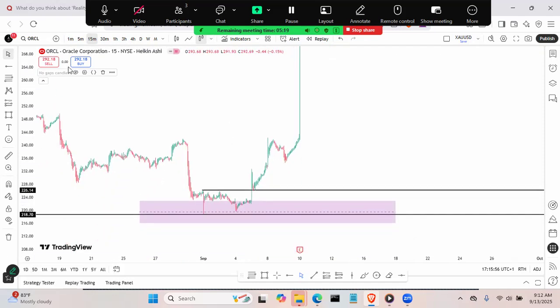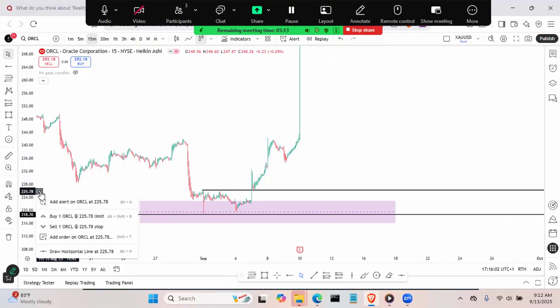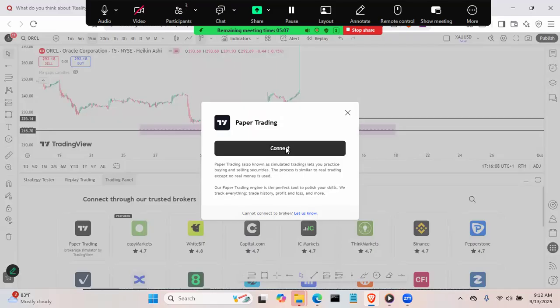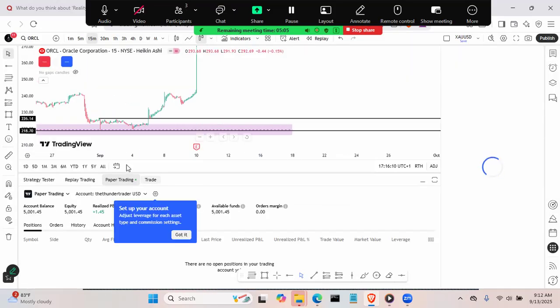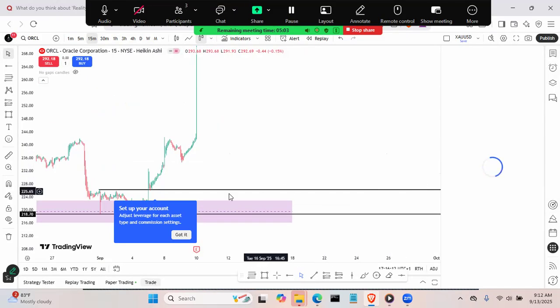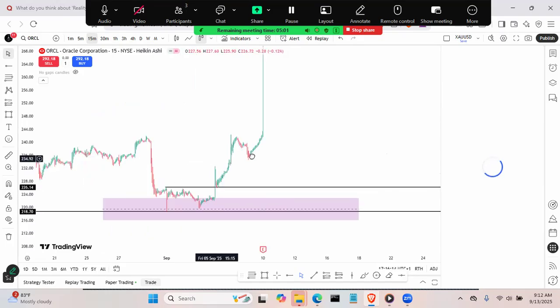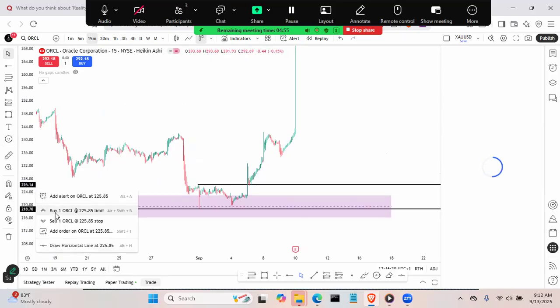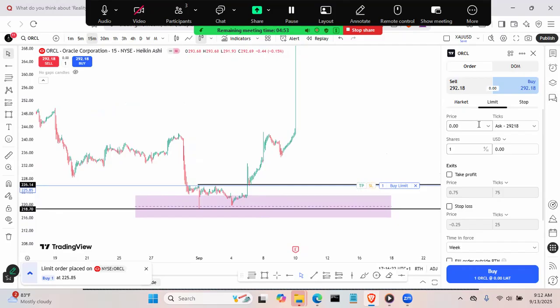Let me see something. I want to see the monetary value of this whole thing. I'm trying to see what it would feel like if I took a trade there.